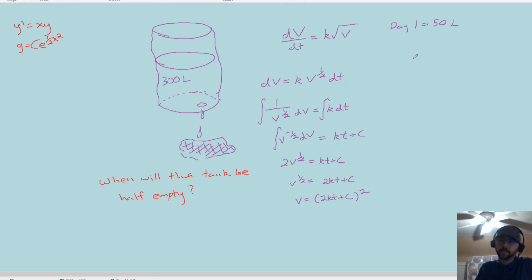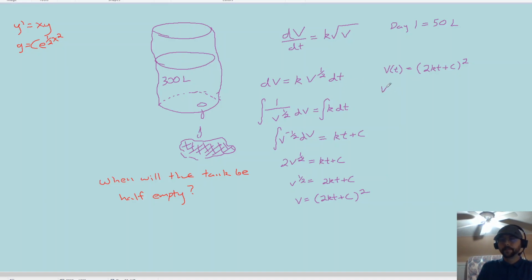So in other words, rewriting that, we have the volume at a point in time equals 2 times k times time, which time here is in days, plus c squared. And the initial conditions are, we start with 300 liters, so that means at time 0.